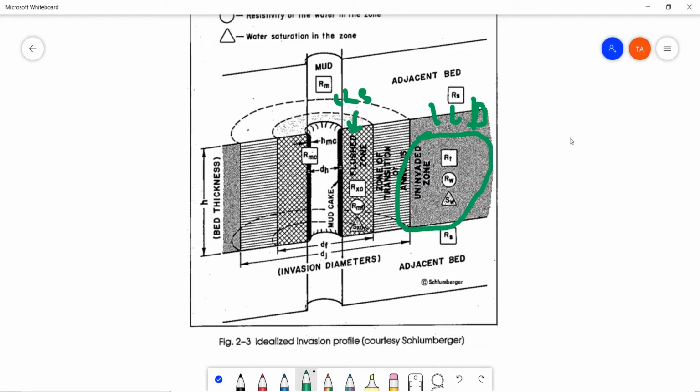Now let's say we have oil in this zone. The oil in the flushed zone is pushed by the invasion of the mud to the transition zone.